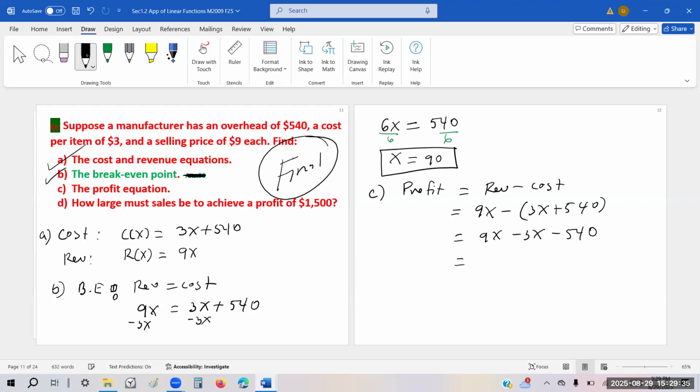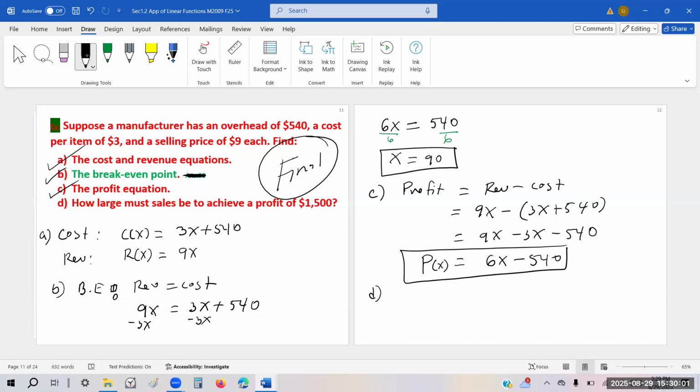So what do you have? 6X minus 540. This is the profit function. So C is asking only for the function, not anything else. Now, anyone else would like to do D?